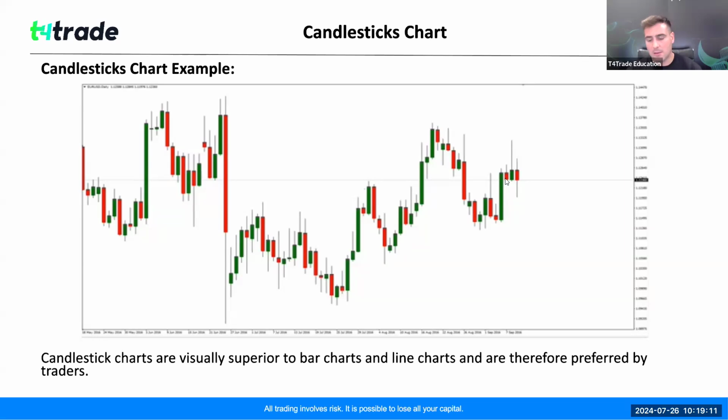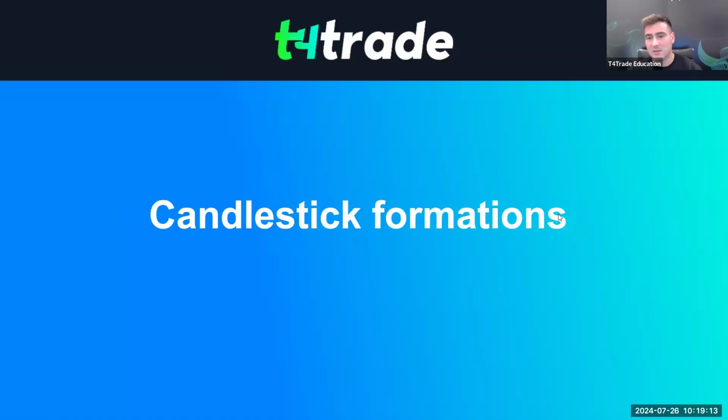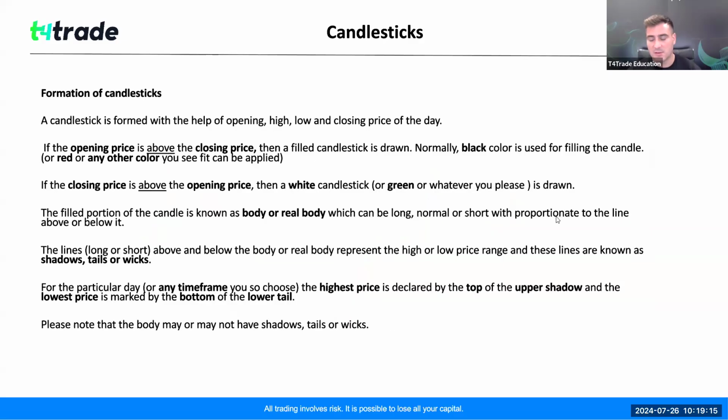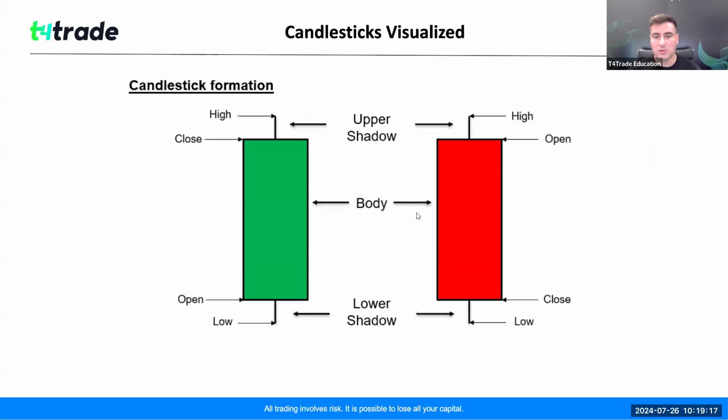But the absence or the presence of wicks does give us significant information. That means if the price action opened here and closed there, there's no swinging, there's no uncertainty about this level being the optimal one. That means the price action was confined within this range between bulls and bears.